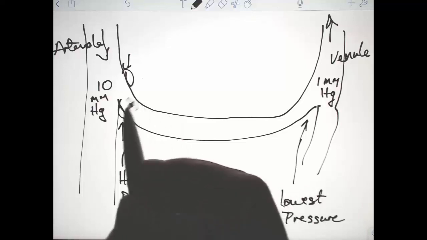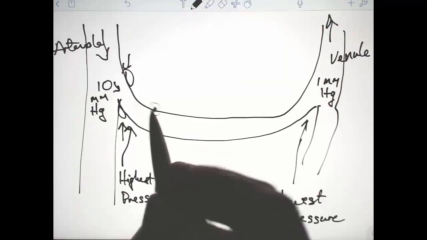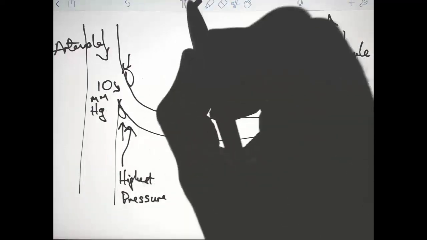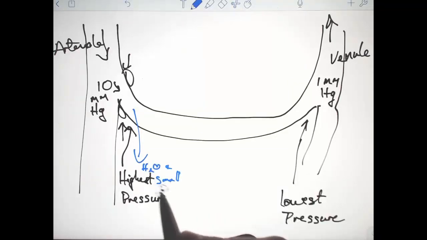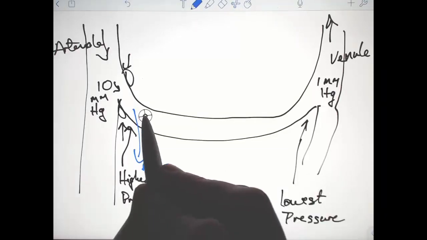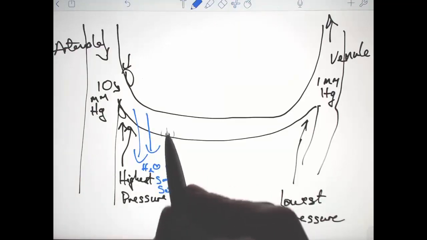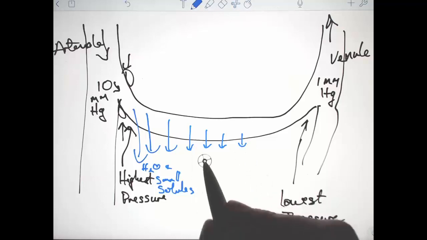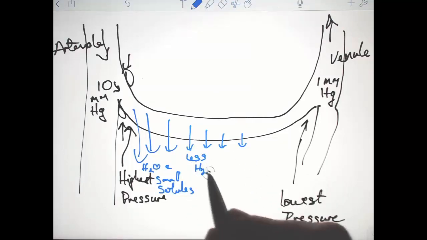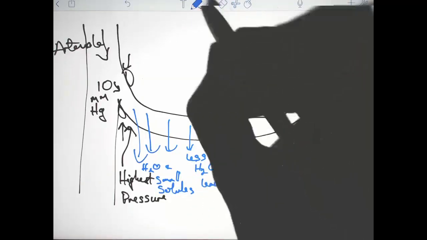So remember, capillaries are leaky. If blood is coming in under pressure, we would expect water and small solutes to leave. But as the pressure goes down, it would be leaving at a slower and slower pace, less and less water and solutes leaving.